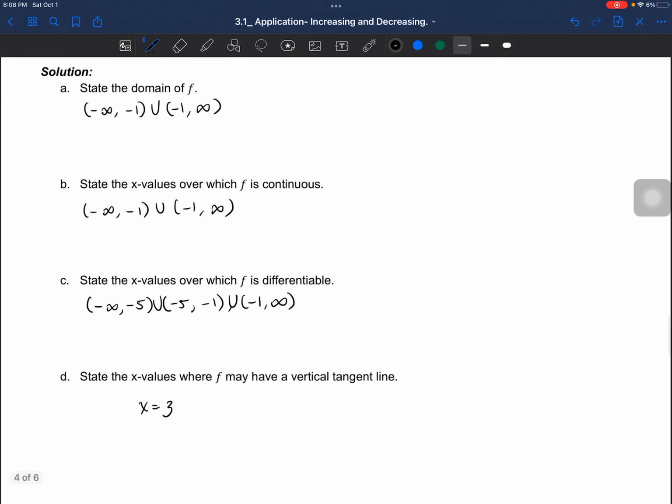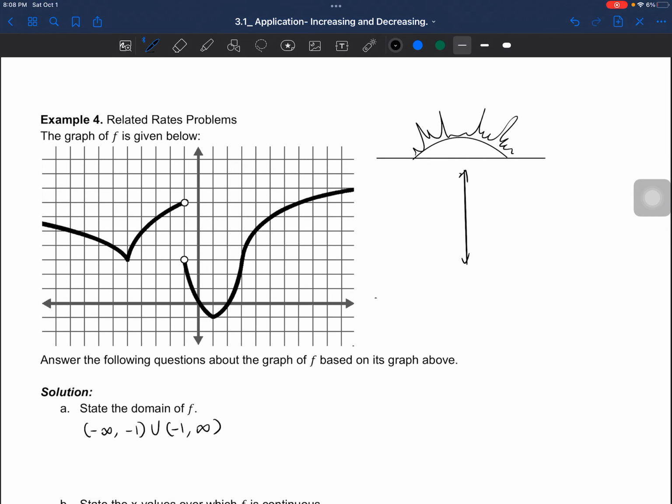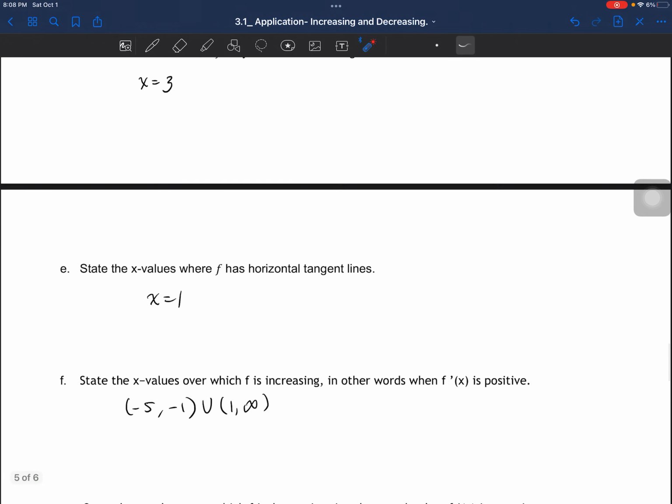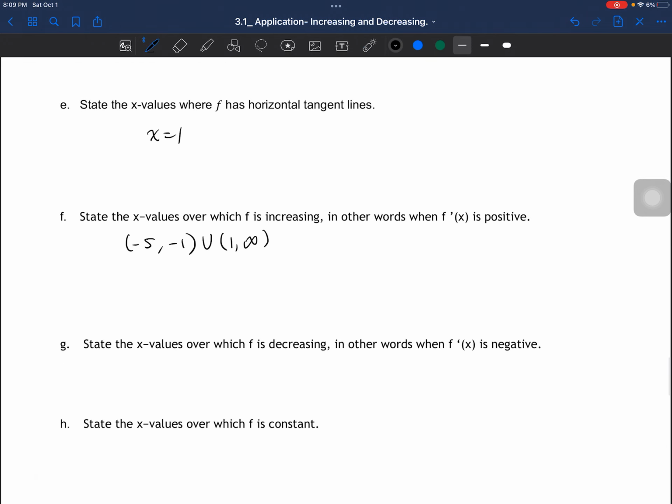And then with the same argument, we can say when is the function decreasing, and that's going to happen when the derivative is negative. That is going to happen coming from here, assuming it's coming from the left side. It's going to be from negative infinity all the way to here, which is -5. And then if we notice, it's also decreasing from here to here, from -1 to +1.